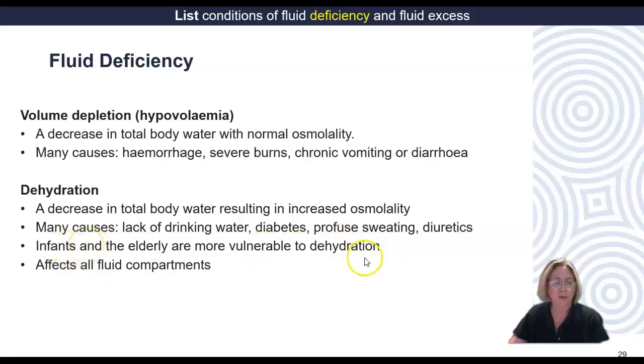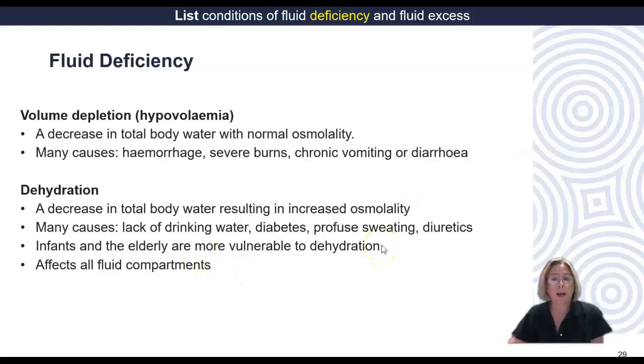So they are more susceptible to dehydration. Similarly, the elderly as well, as we age, we tend to dry up a bit. So we have less water fluids to begin with as we age. Also, our thirst sensation decreases, and many elderly people have decreased renal function as well.